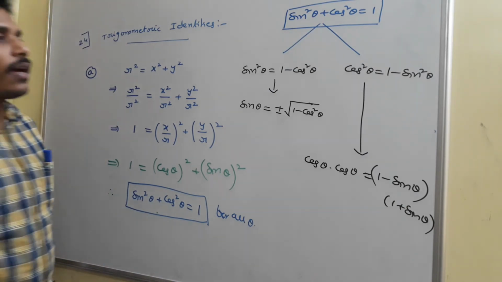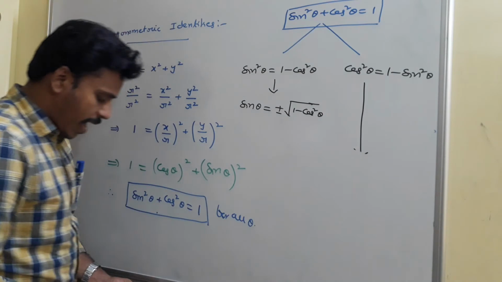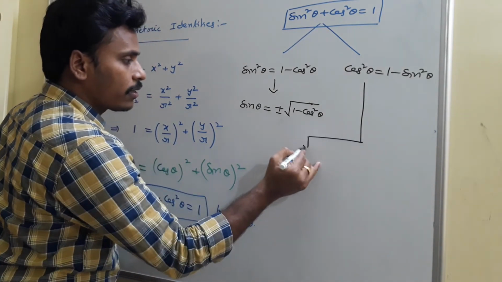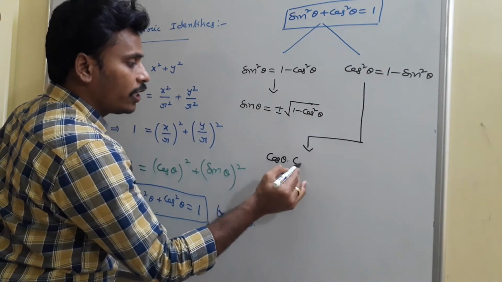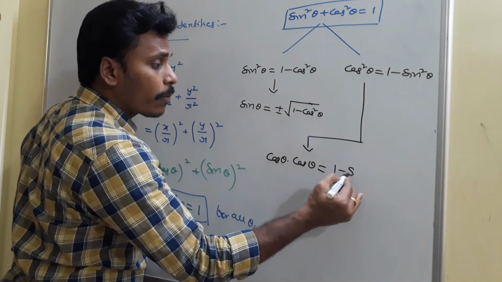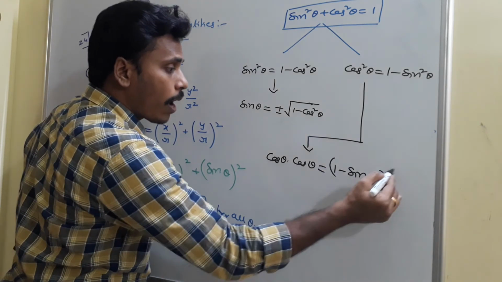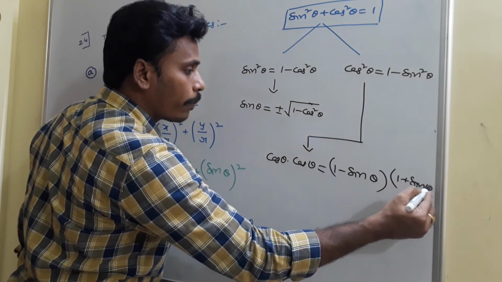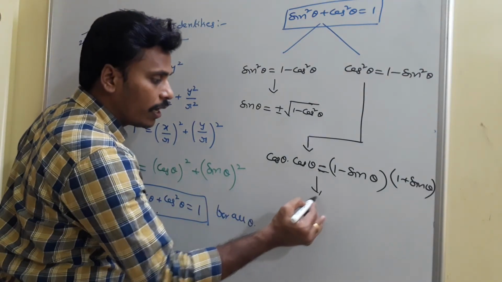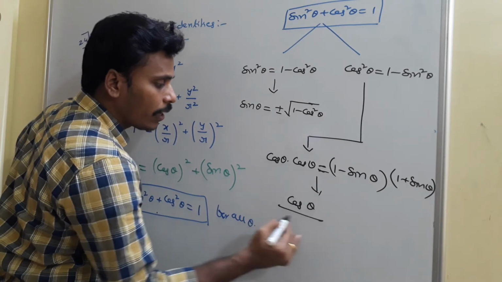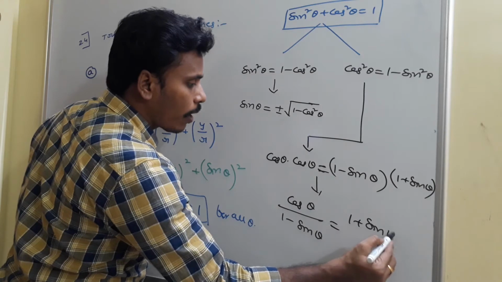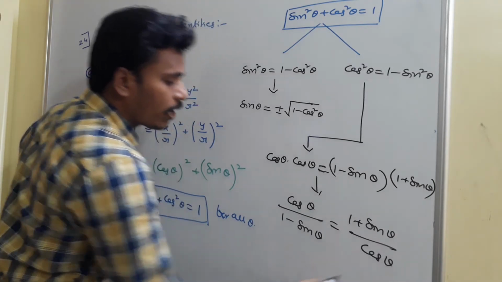Cos theta into cos theta is the left side cos² theta, whereas on the right side 1 minus sin² theta is nothing but (1 minus sin theta) into (1 plus sin theta). And now if you just rearrange, you get cos theta divided by 1 minus sin theta is equal to 1 plus sin theta divided by cos theta.